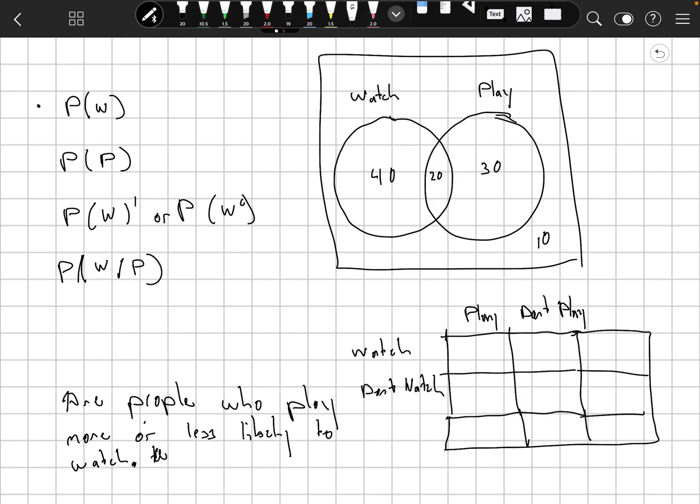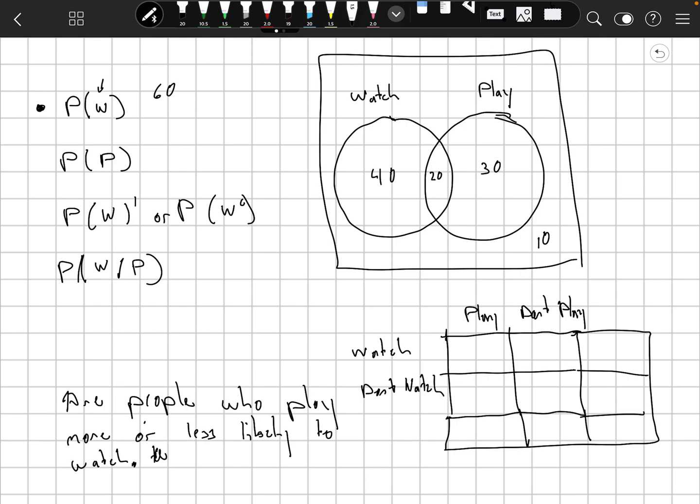Notice over in the left-hand corner I have probability of people who watch. That's how you write that, just P with the parentheses and then W, whatever your event is, goes right inside that parentheses. So the probability of people who watch, well, we consider that whole circle, so you go 40 plus 20, that's 60, and then 60 out of the entire thing.